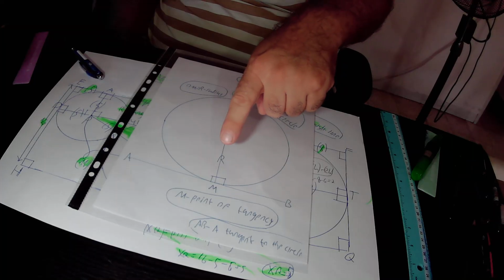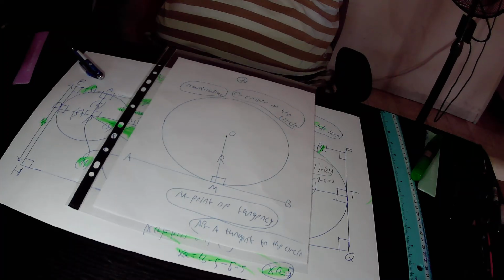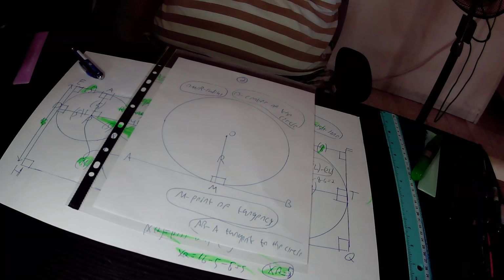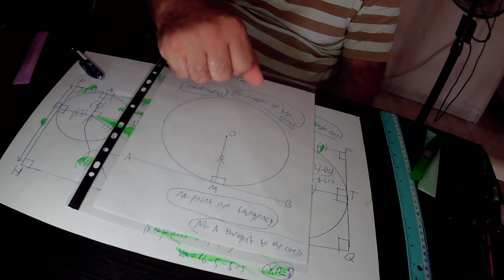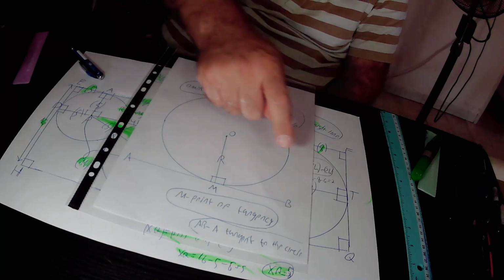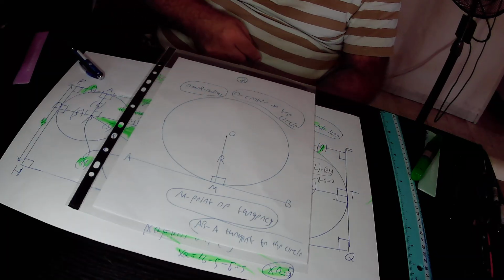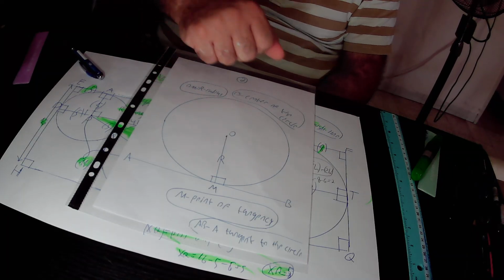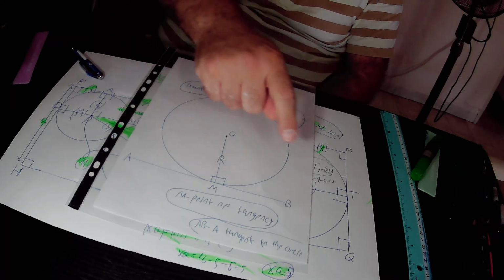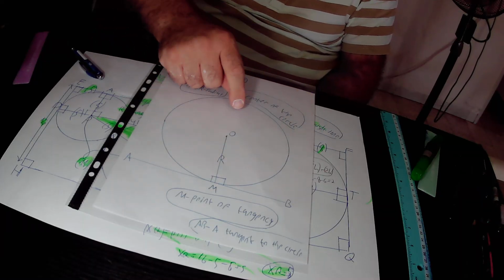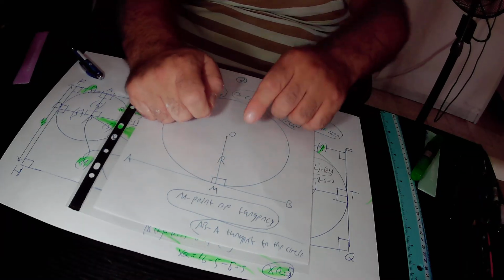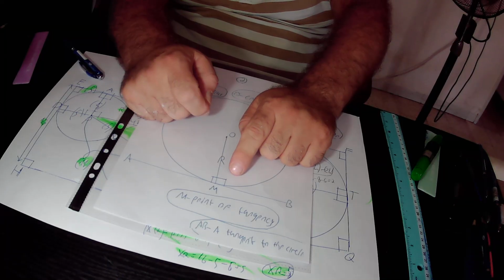This is tangent to the circle at point M. So according to this rule 1, the radius OM equals R, and the radius OM is drawn to point M, that is the point of tangency of tangent AB with this circle. And whenever your radius is drawn to the point of tangency, then tangent AB will be perpendicular to the radius MO. If AB is perpendicular to MO, it means that this angle equals 90 degrees, and this angle also equals 90 degrees according to rule 1.